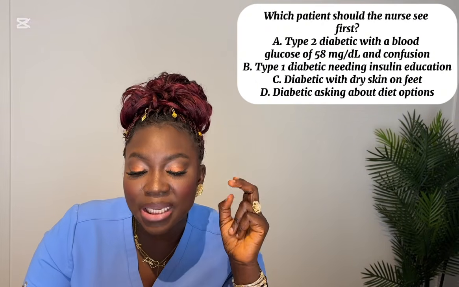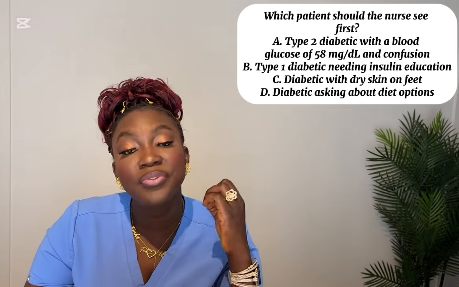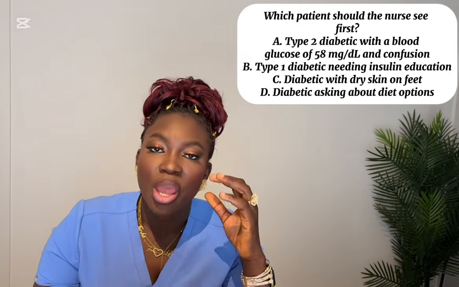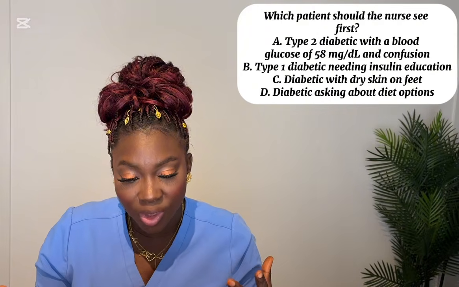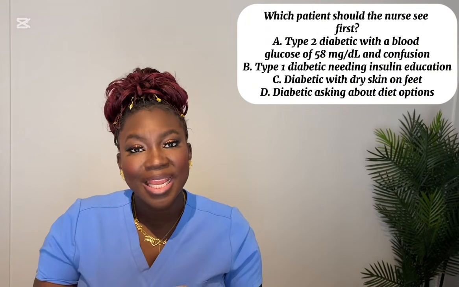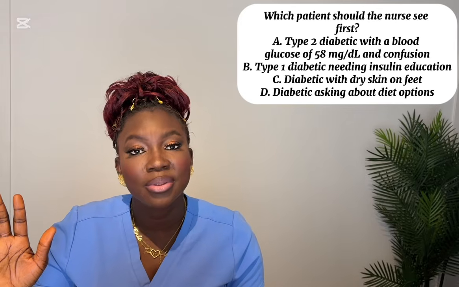Type 2 diabetic with a blood glucose of 58 and confusion. You know why? First, think about what the normal range for blood glucose is: 70 to 110 mg/dL, right?